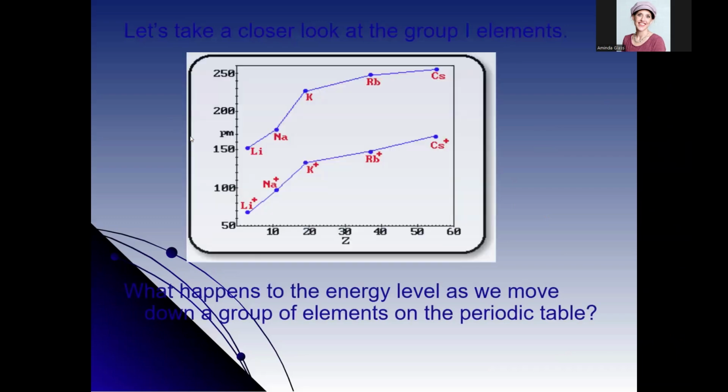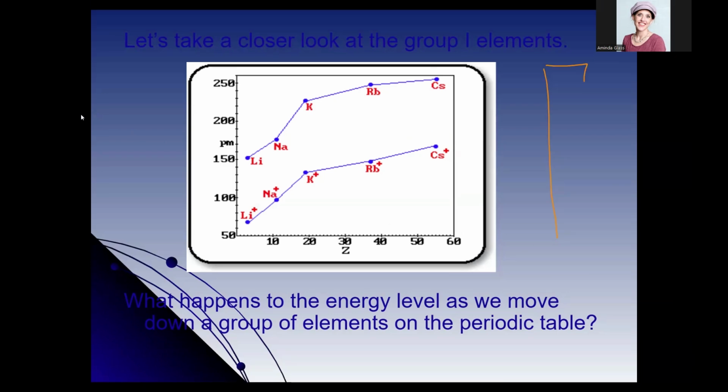Now let's look at the group 1 elements. What's happening in the periodic table as you go down a group? So say we have lithium, we have sodium, we have potassium, we have rubidium, we have cesium here. So let's look at that. Lithium is in period 2.